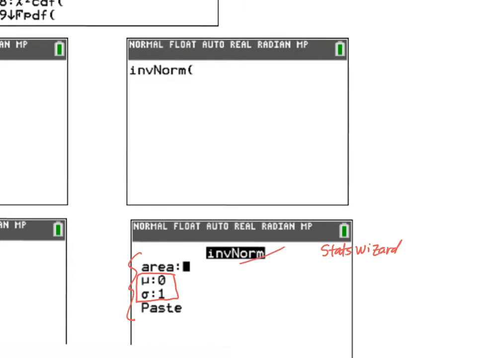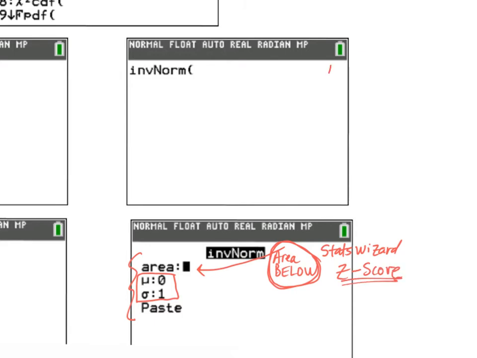What we fill in right here is the area below, and that is the key. Inverse norm of the area below is the Z at that spot. So what this is going to give us is a Z-score.